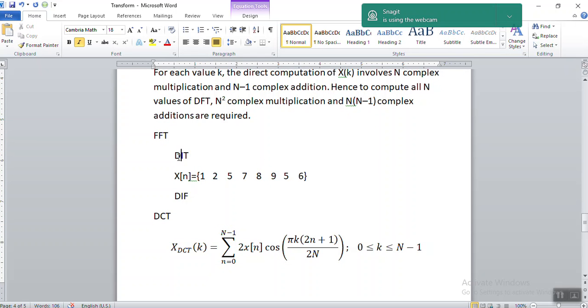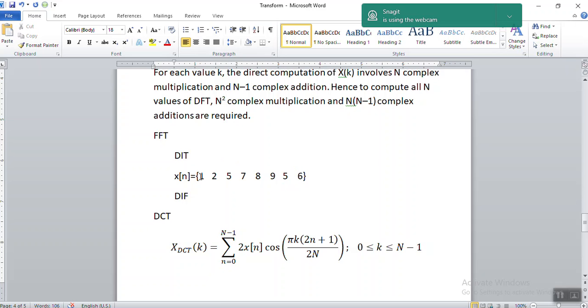Now, in the DIT algorithm, it is decimation in time, so we need to do the decimation here in the x of n. How to do the decimation? This is the sample at n is equal to 0, n is equal to 1, 2, 3, 4, 5, 6, 7. Now, the first level decimation is into even numbered and odd numbered samples.